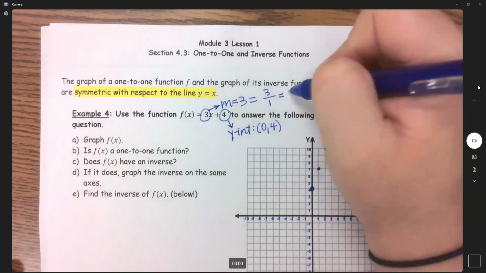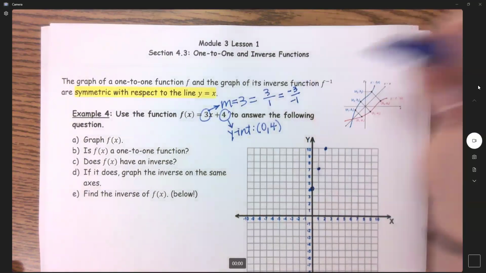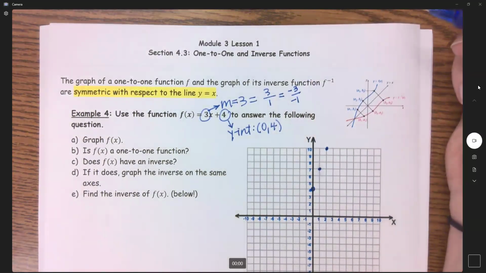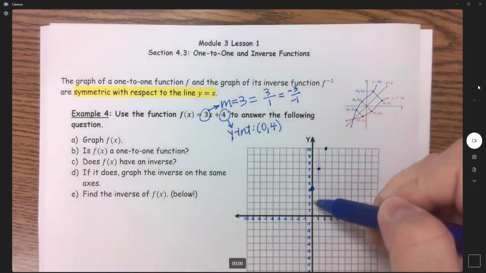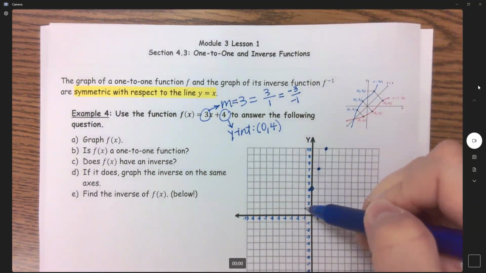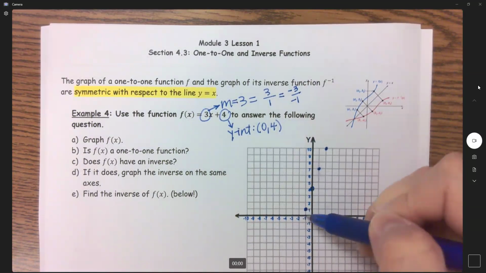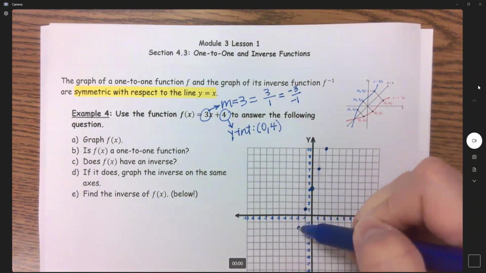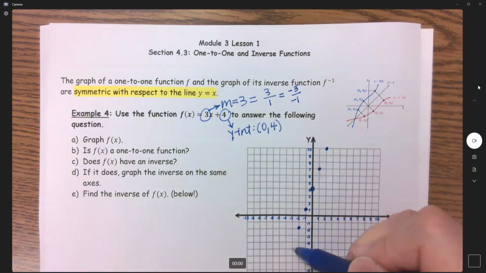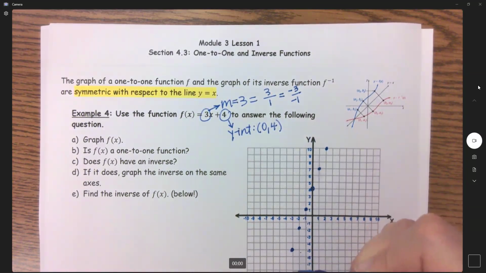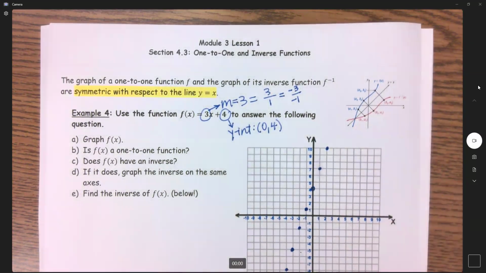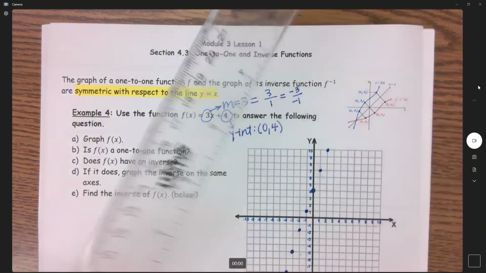So 3 over 1 is the same as -3 over -1, because negative over negative is still positive. So we'll go down 1, 2, 3, and then to the left 1. I'm going to do that all the way down. So there is my graph.